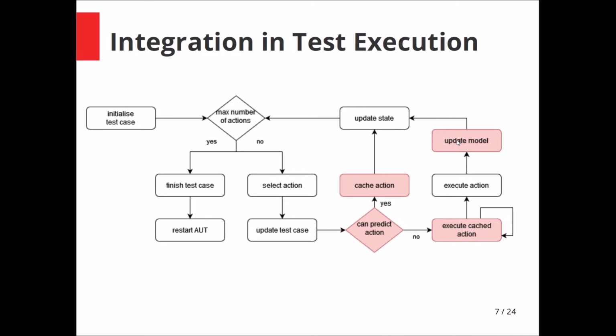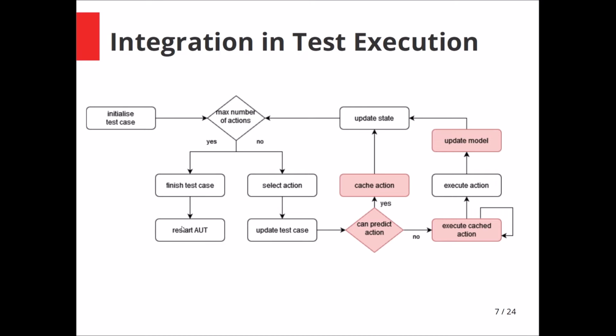The more actions we can predict, the more time we can save for additional exploration. If we could predict all actions of a test case, we can save the costly restart operation.